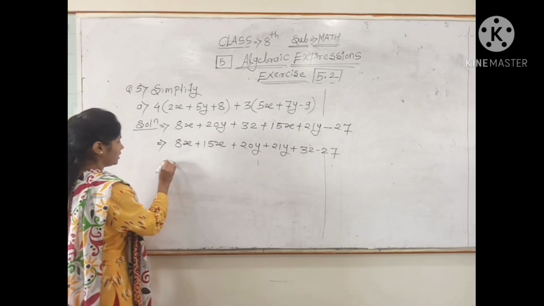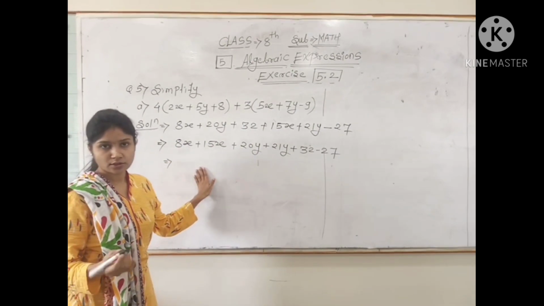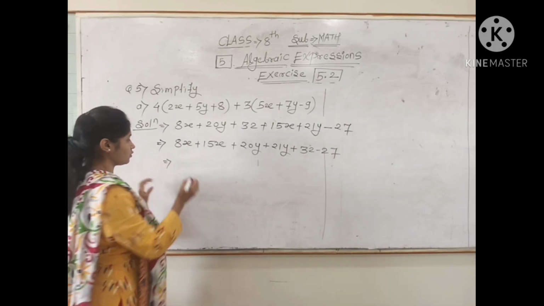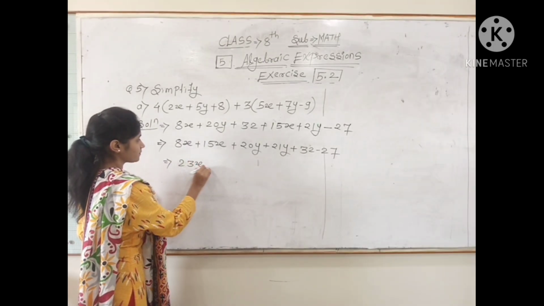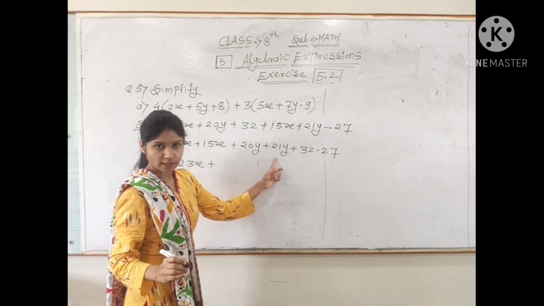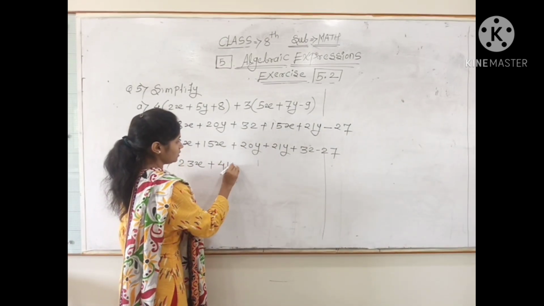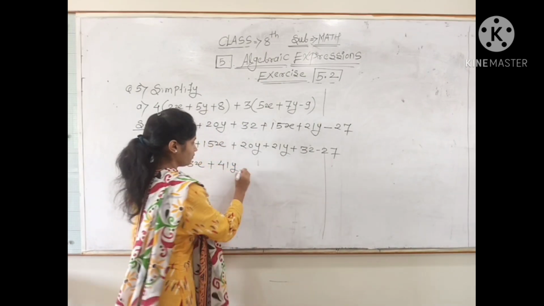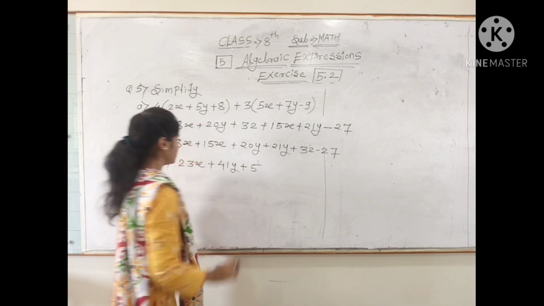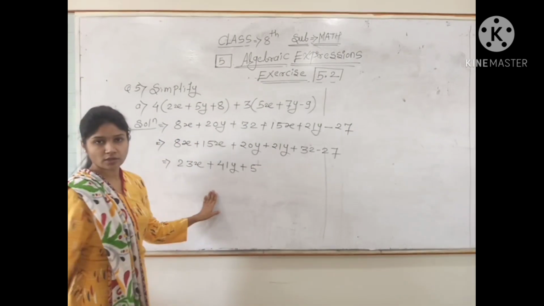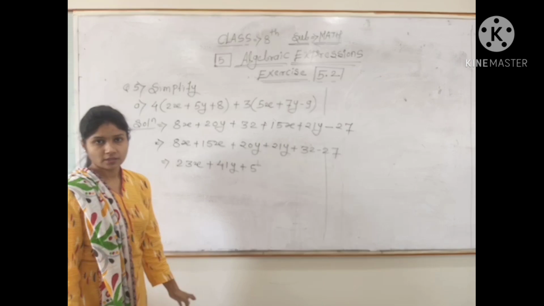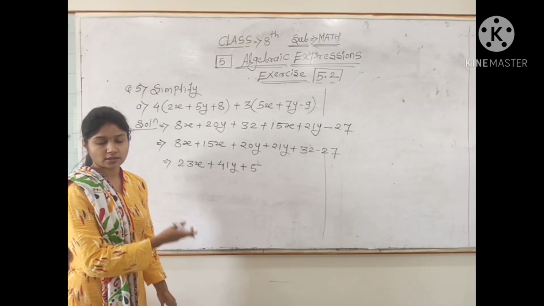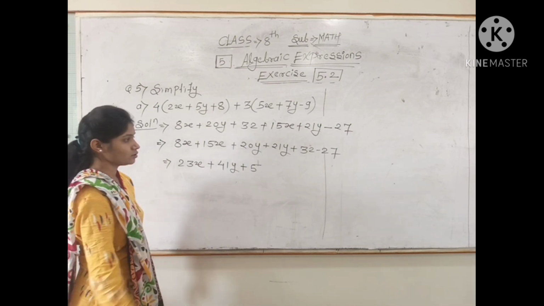Now solve. 8x plus 15x, how much, students? 8x plus 15x is 23x. 20y plus 21y is 41y. 32 minus 27, how much? It's 5. This is the answer. These types of very simple questions you have to solve. Okay, those who have been given question number 5, these types you have to solve.